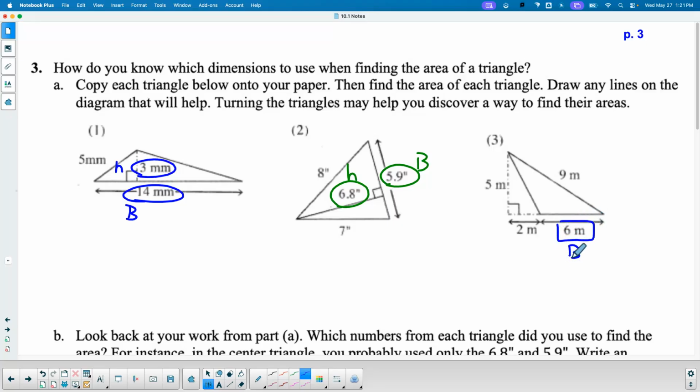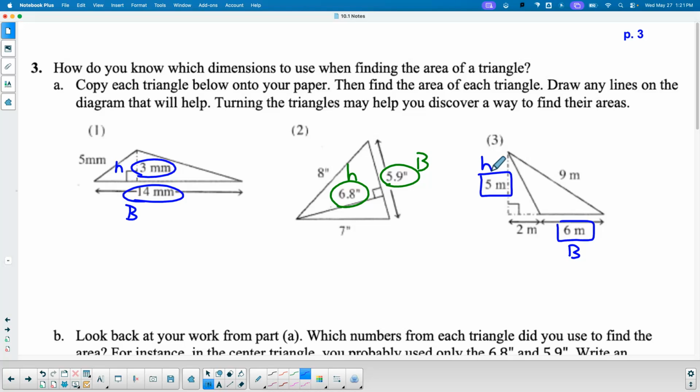Okay. If 6 is the base, what is the height? 5 is the height, because it's perpendicular to the base. Okay. Gotta have that relationship.